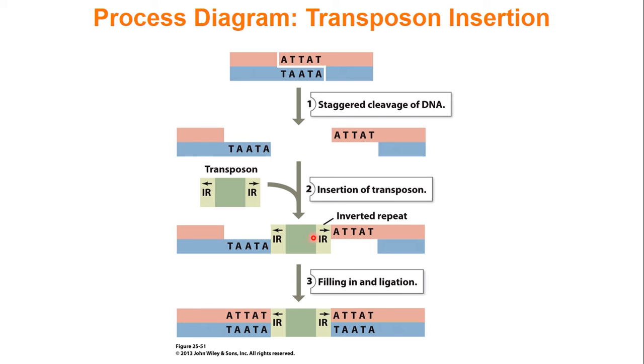Then we're going to have an insertion, and here are our inverted repeats. Then we're going to have fill-in and ligation, and you can see that on both sides of our insertion, we have DNA that more or less repeats. So ATTAT, ATTAT, TAATA, TAATA. So that's how these group 1 transposons are inserted.